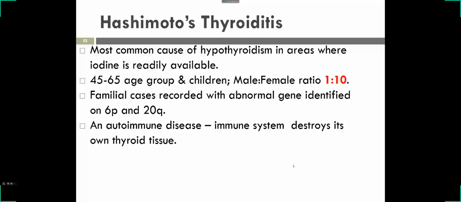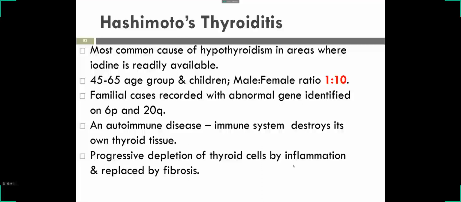We'll talk about that when we talk about diabetes, but it's the same idea. The immune system destroys its own thyroid tissue. This progressive depletion of the thyroid cells by inflammation becomes replaced by fibrosis, which impedes the ability of the organ to function, and you then drive down your thyroid hormone levels and increase TSH, because your hypothalamus and pituitary are trying to say, hey, what's wrong? Why aren't you making our hormone?